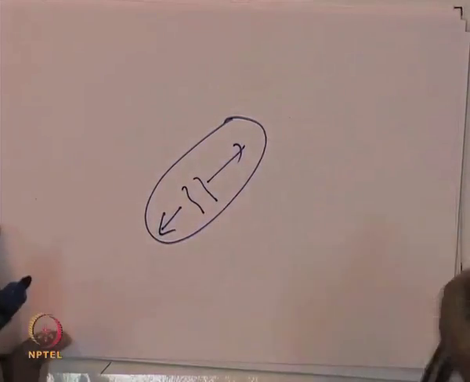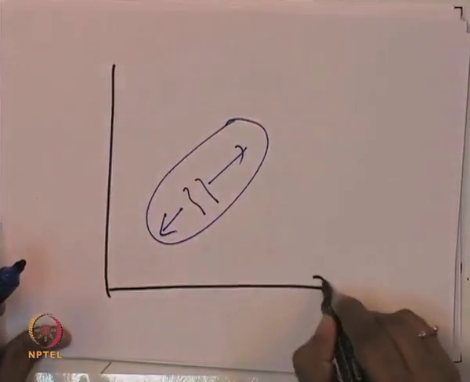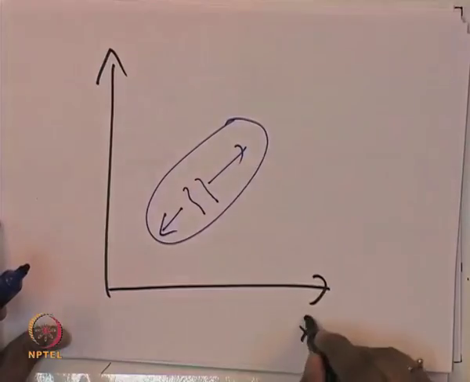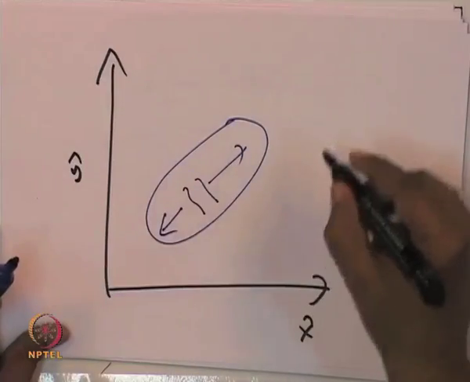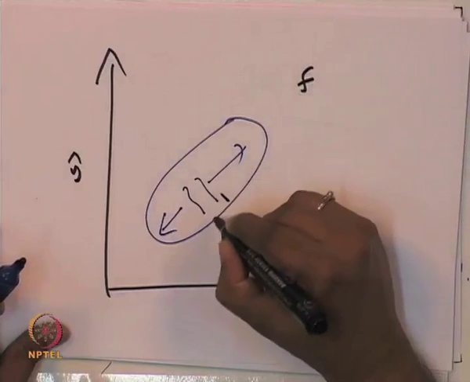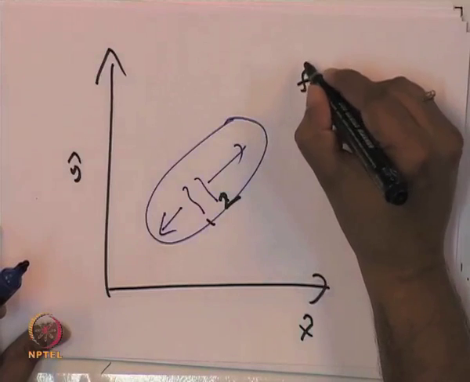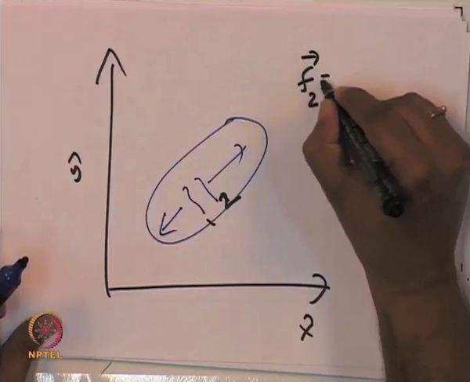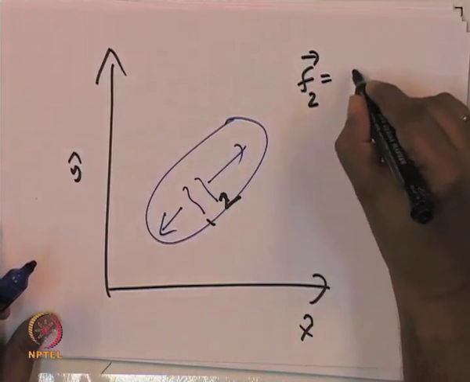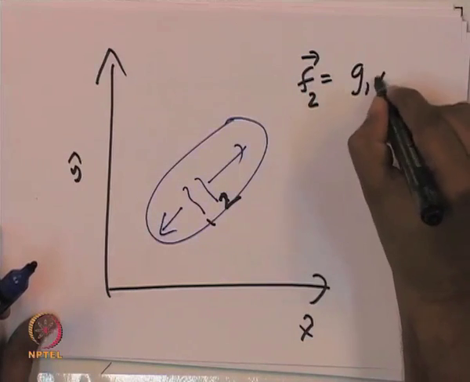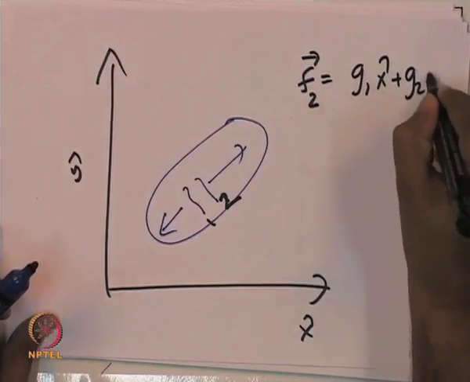If you do not want that, you can take this as the x axis and this as the y axis, and if this is 1 and this is 2, you can write f 2 as some function, let us say g 1 along x cap and g 2 along y cap.